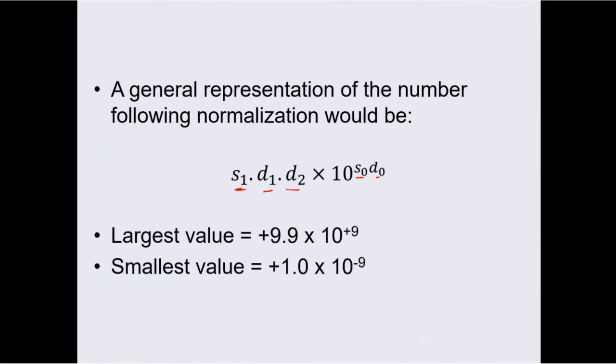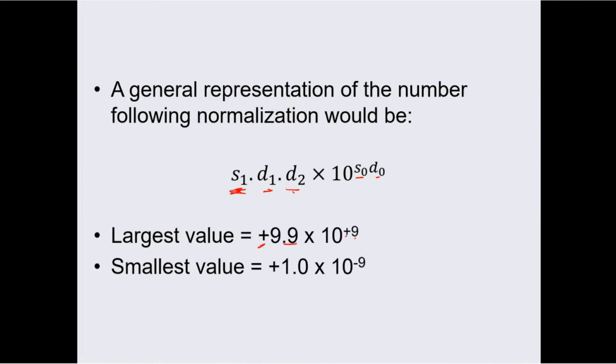Now, using this definition, the largest number that you can have, taking the sign to be plus, is 9.9 multiplied by 10, with the exponent positive, and the maximum exponent digit is 9.